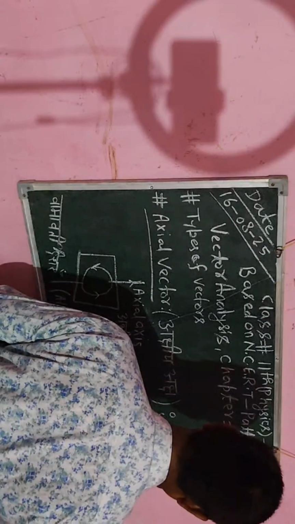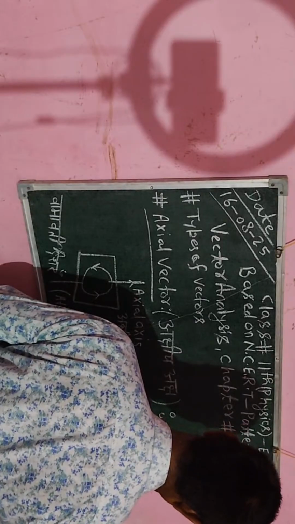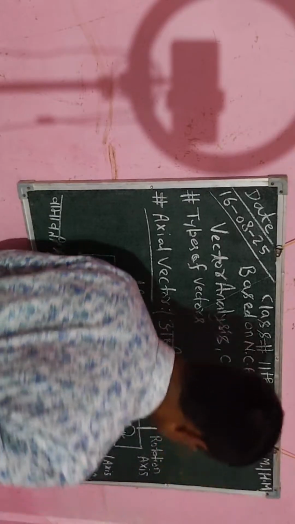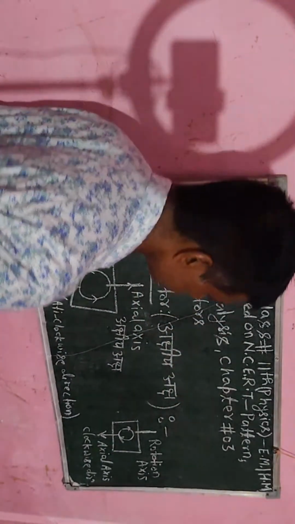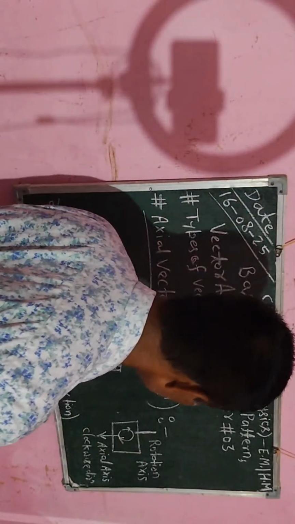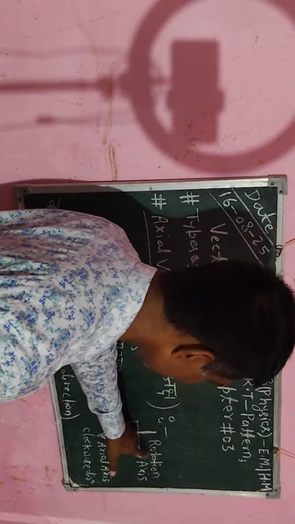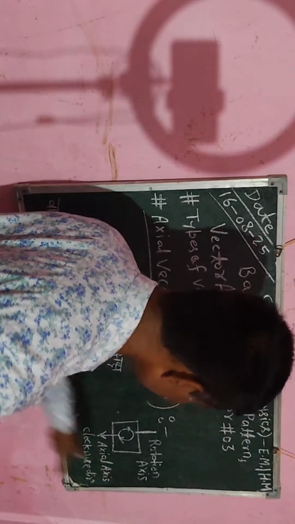In other words, I can also write rotation axis. This is the rotation axis, or that is written in Hindi as Guran. Guran means rotation. Axis is x.